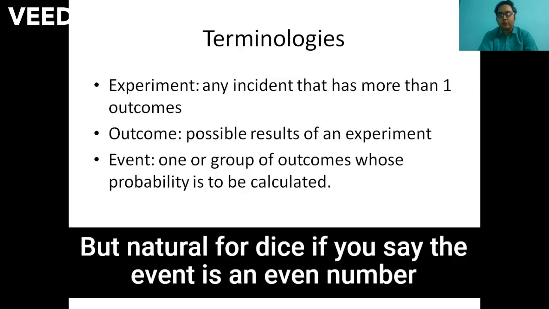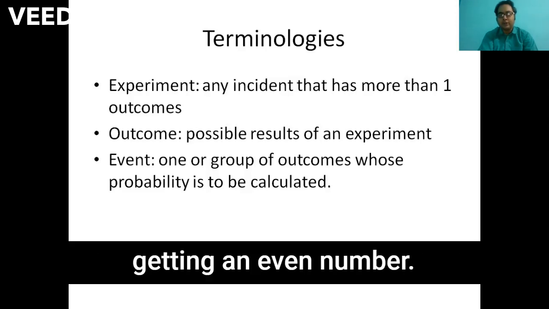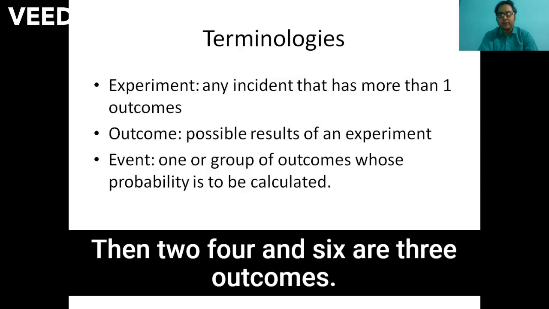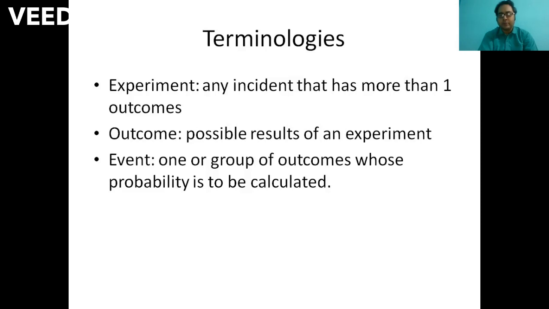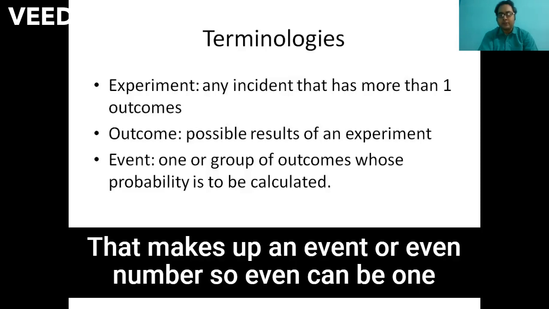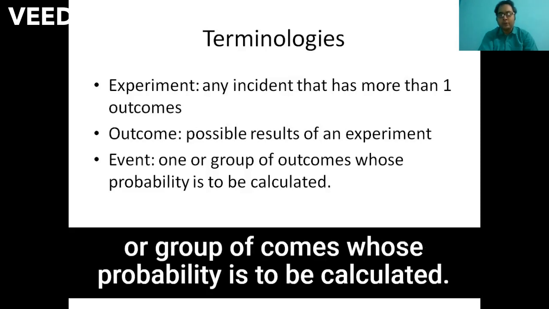But in a throw of a dice, if you say the event is getting an even number, then 2, 4, and 6 are three outcomes that make up an event, the even number. So event can be one or group of outcomes whose probability is to be calculated.